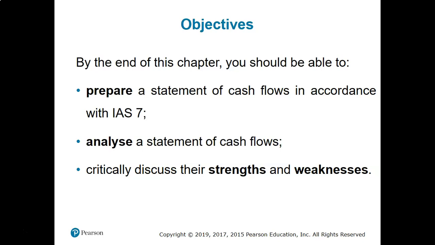These sources and disbursements are classified into three categories, which we will see later on: operating activities, financing activities, and investment activities. And after finishing this chapter, we will be able to understand the strengths and weaknesses of the cash flow statement and the details of the process.